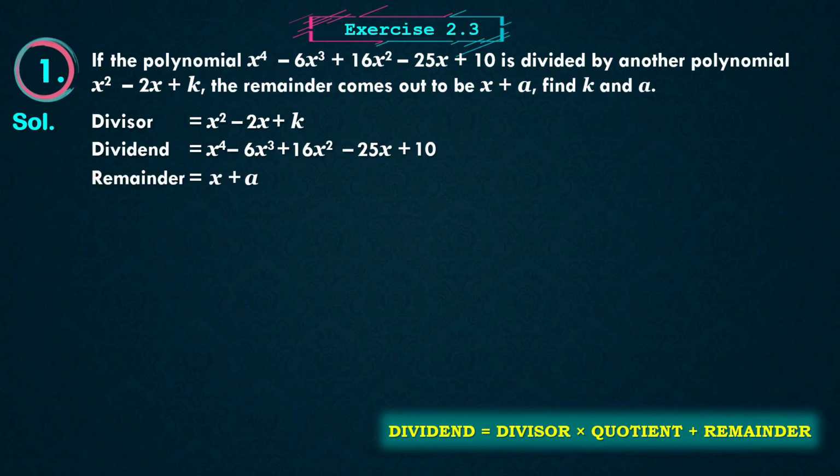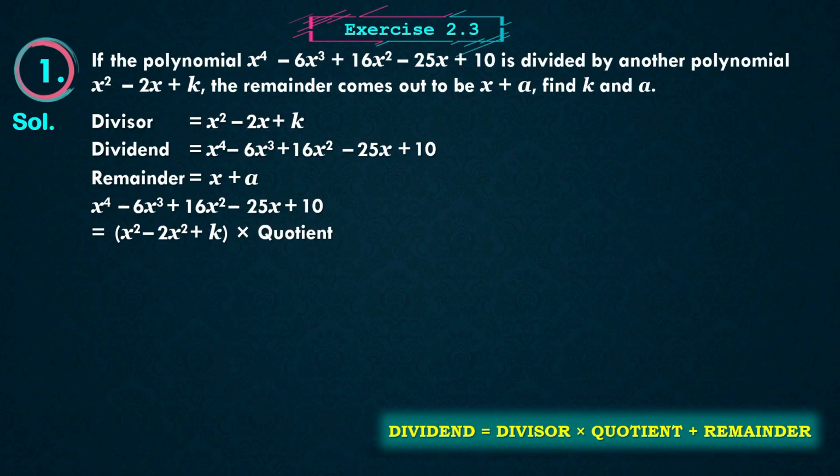Now we use the division algorithm for polynomials. According to the division algorithm, dividend equals divisor multiplied by quotient plus remainder. So we can write the given polynomial is equal to (x^2 - 2x + k) multiplied by the quotient plus x + a.